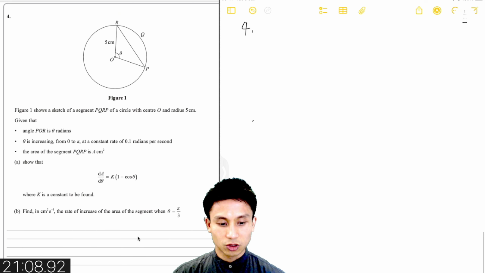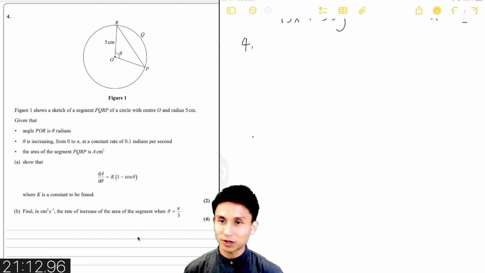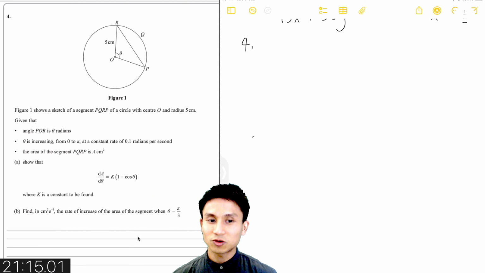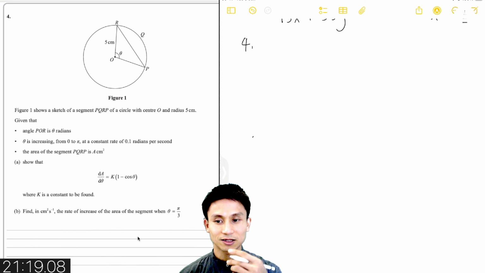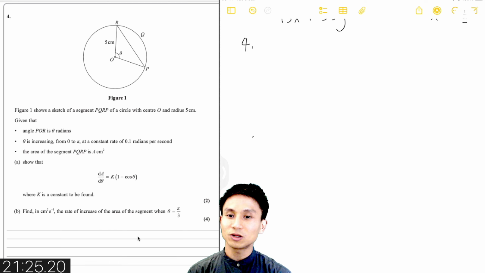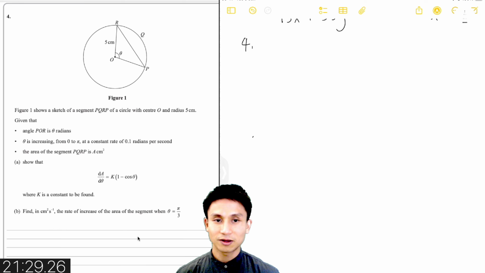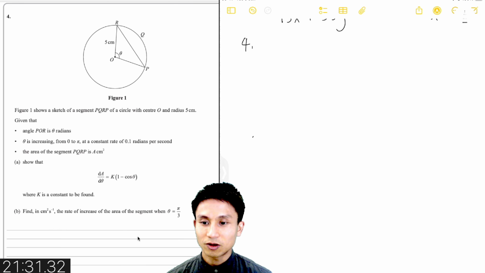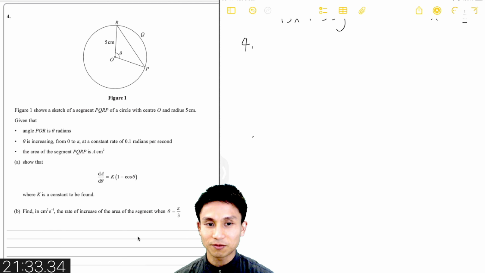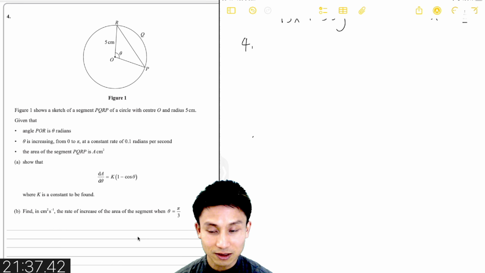So the general technique for this rates of change topic is, again, you think about all the involved variables. This is area, theta, and time. Only these three. So that means when you want to find something in particular, in this case, we want to find dA by d theta.